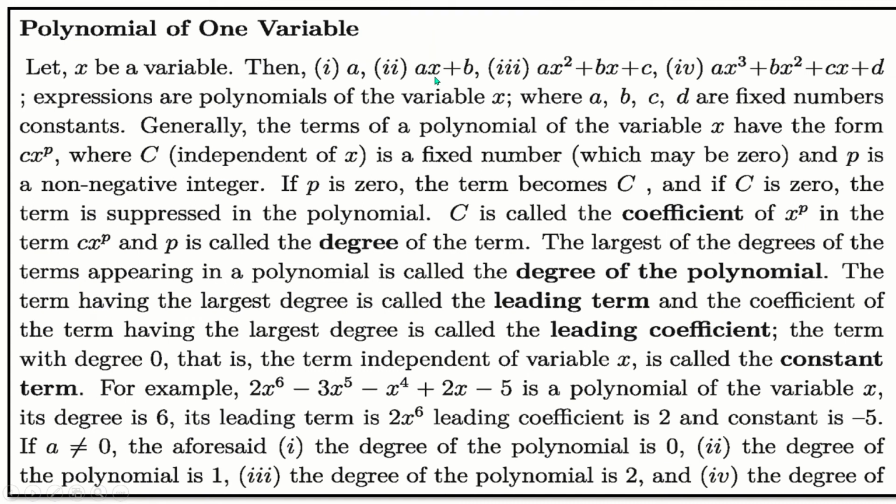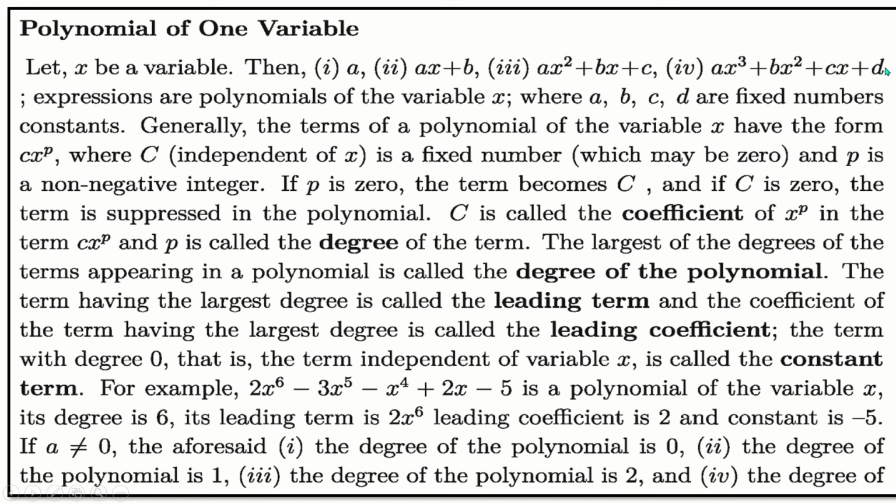Okay, here in ax, the power of x will be 1, here in ax square the power is 2, here ax cube, then bx square, then cx plus d. D means here, after ax cube, then 1 less, then 1 less, then 1 less.